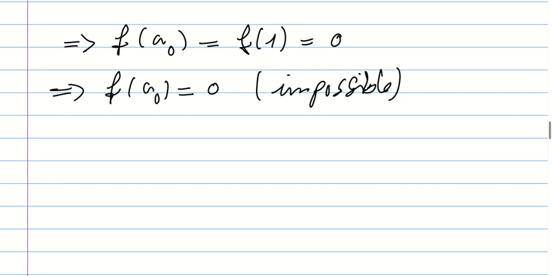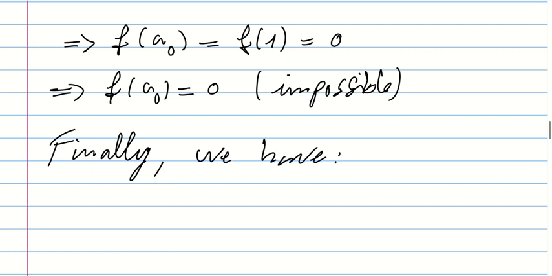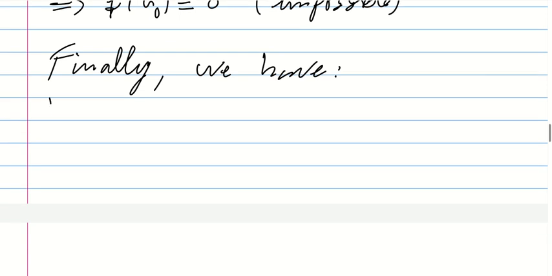If it's false, then its negation is true, which is, finally, for all real a in R, we have f of a equals 0.